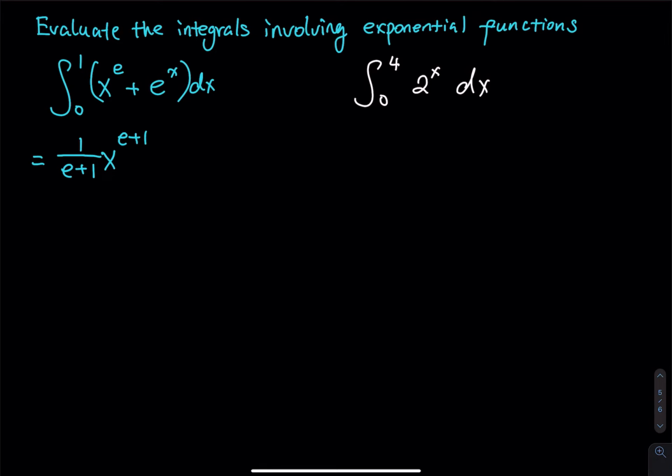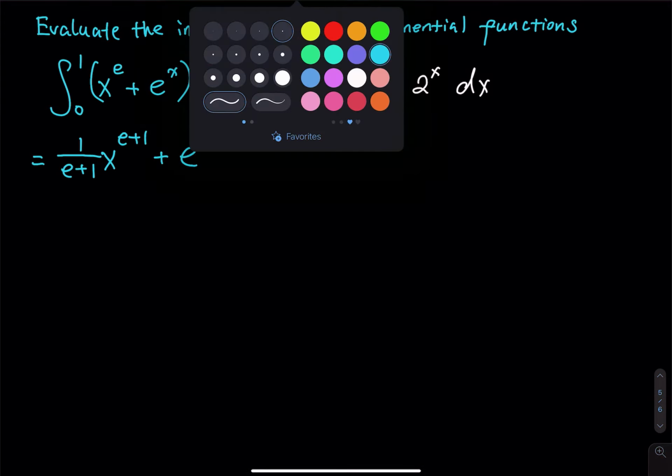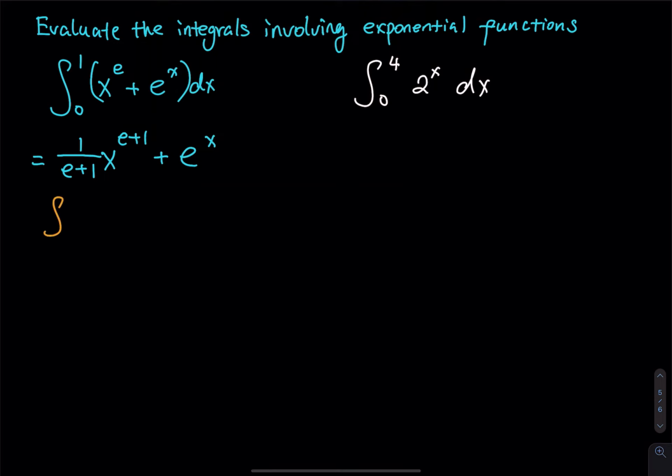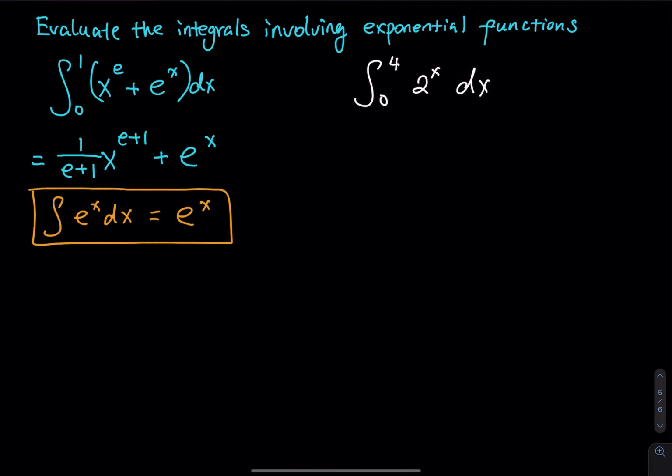And then for the exponential function, the integral of e to the x is still e to the x. This is a very special case, and I want you to write this down right now. Okay, the integral of e to the x dx, don't worry about the upper limit or lower limit, is just e to the x. I want you to put this down on your notebook. Why?